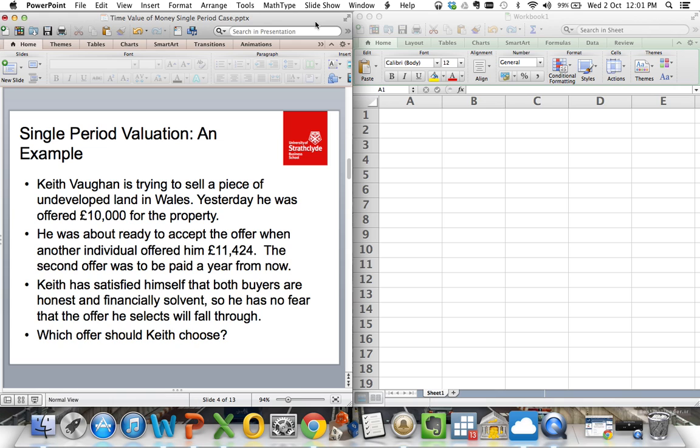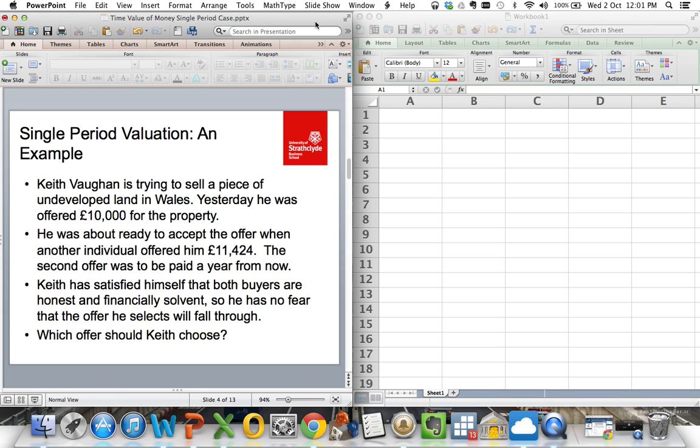If a friend said to you, can you lend me money today, and I promise I'll give you back the money that you gave me, plus an amount to compensate you for the loan, then you would be engaging in a decision that offsets investment or consumption today with investment or consumption in the future.